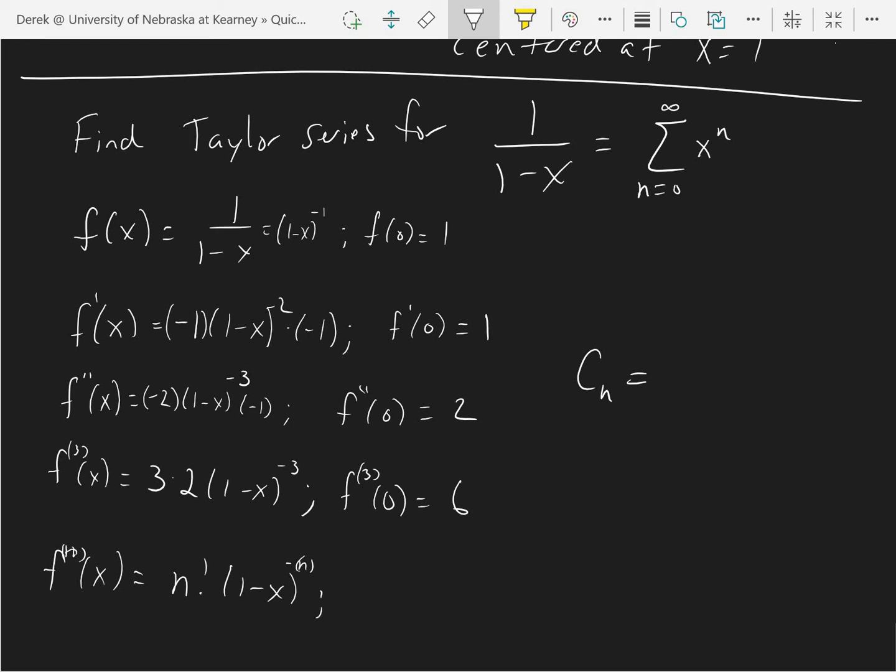So at 0 that would be n factorial. So that's going to be n factorial over n factorial.